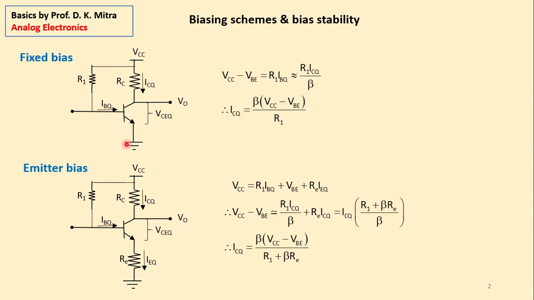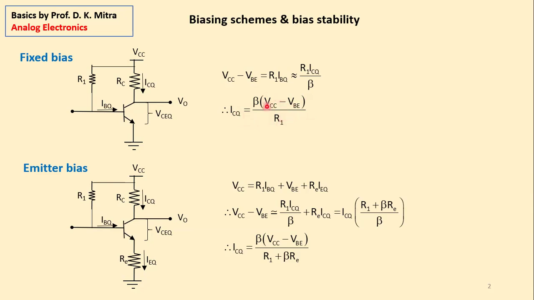Now, when you choose the transistor, beta is known approximately. But here you have 1, 2, 3 variables, VCC, VBE, R1, etc. So it is not a mathematical equation to find out ICQ. You have so many variables.